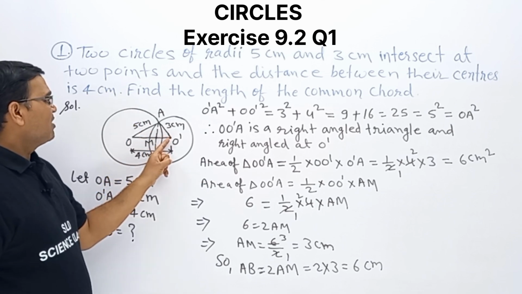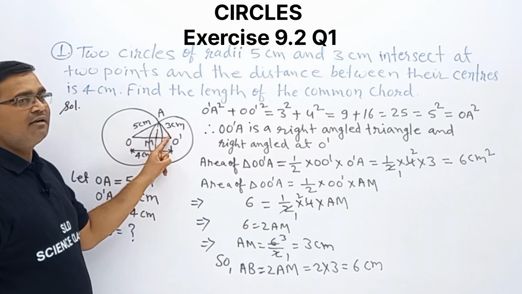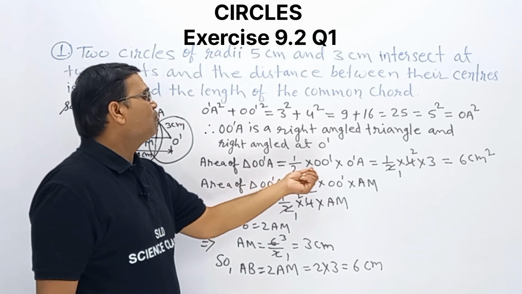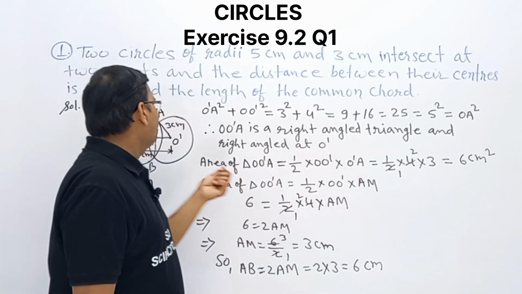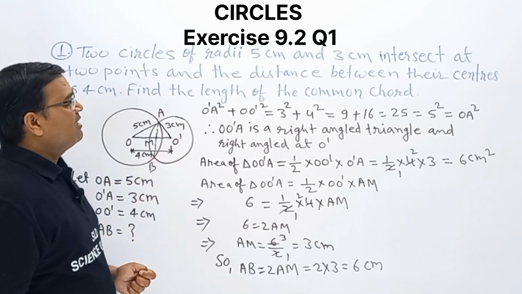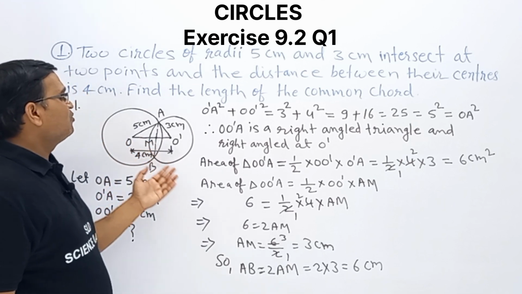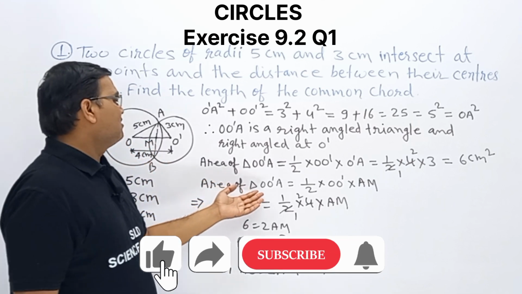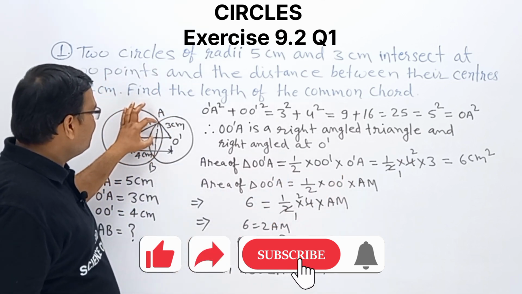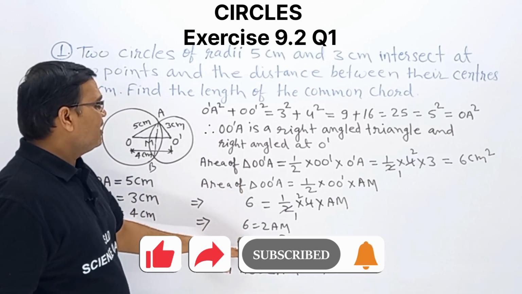It means this is a right angle triangle, right angled at O dash. So the area of this triangle is 1 upon 2 base into perpendicular, using base OO dash and perpendicular O dash A. Then once we use the area formula 1 upon 2 base into height, considering height as AM, we get the value of AM.